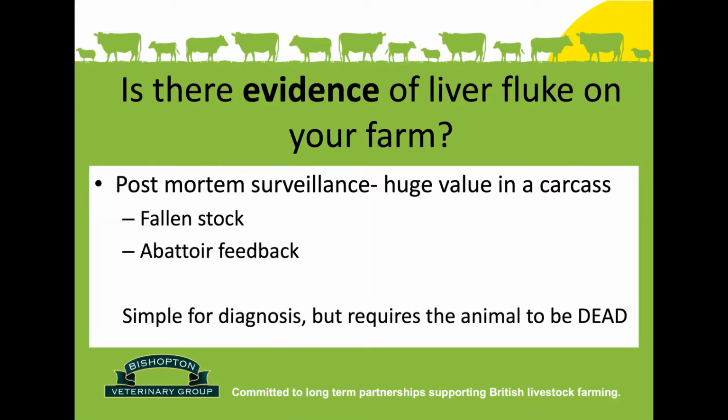And then talking about abattoir feedback again, this is something that's really, really valuable, but it's trying to understand how they word things. So things like acute fasciolosis, they use technical terms. That means there's an acute liver Fluke infection. Chronic fasciolosis means that what they've found is thickening within the bile ducts, and that's something that's been going on a longer time.